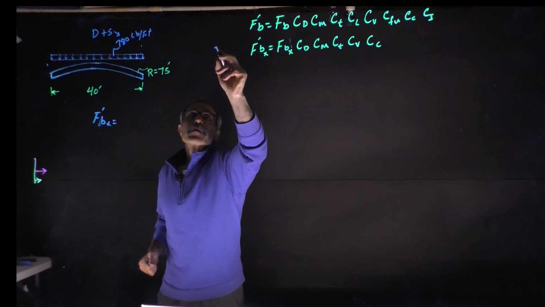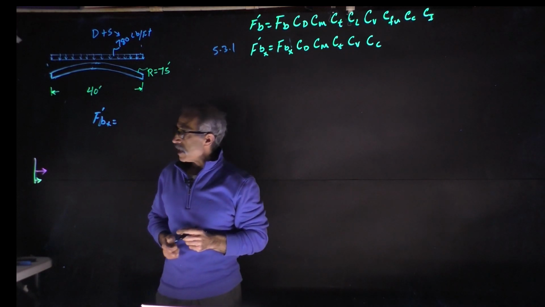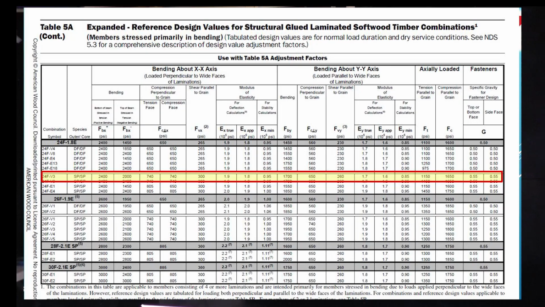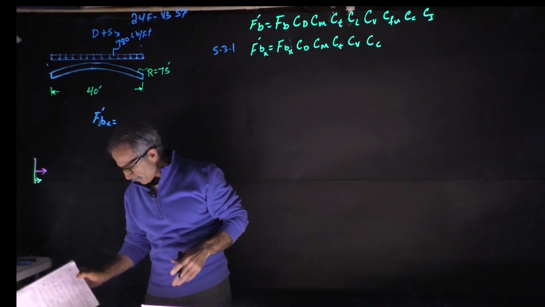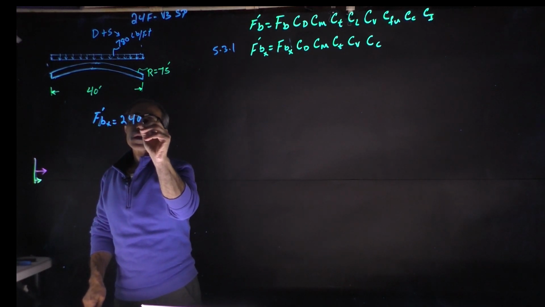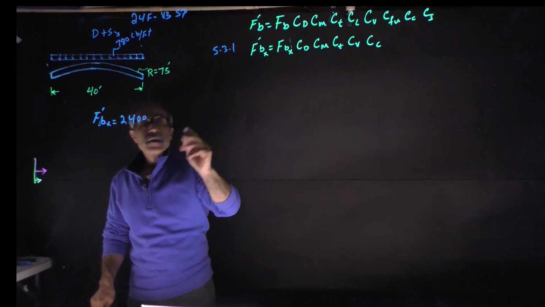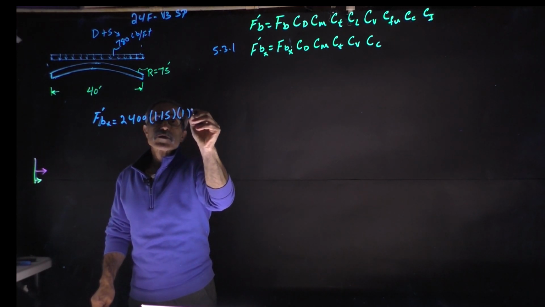this is from table 5.3.1, and we're going to go into table 5A. From the table, we're going to look up the FBX, which comes out to 2400. And CD is 1.15, and the other one is 1.